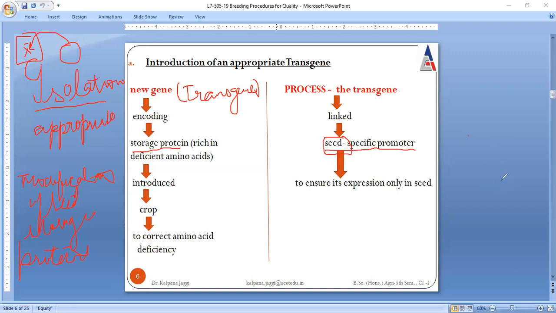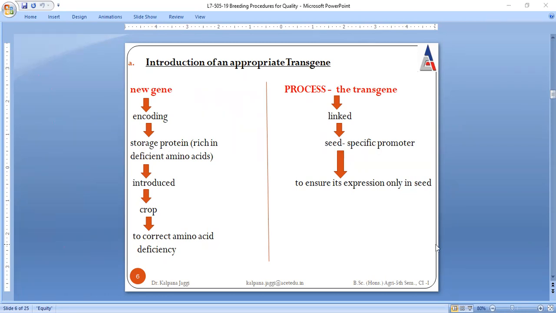Because from the seed we have the plant also, it is to be ensured that whenever a new transgene is introduced into the seed, it is always linked to the promoter that activates the seed specific contents, so that it is expressed only in the seed. So this is all about introduction of an appropriate transgene.